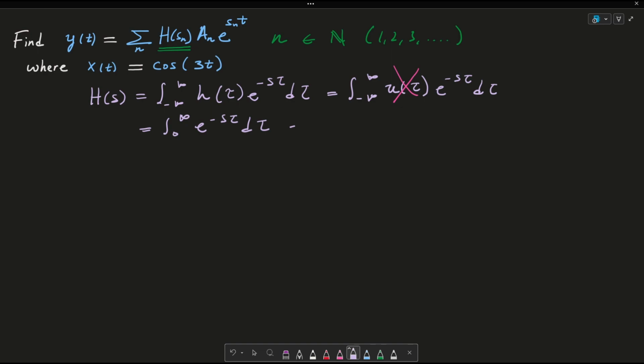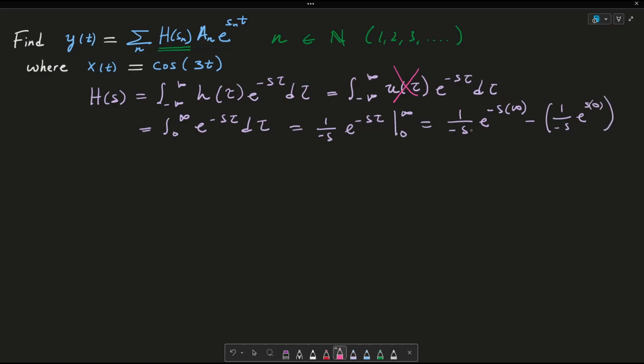So let's go ahead and take the integral of e to the negative s tau. We get 1 over minus s times e to the minus s tau, with limits from 0 to infinity. So this becomes 1 over minus s times e to the minus s times infinity, minus 1 over minus s times e to the minus s times 0.